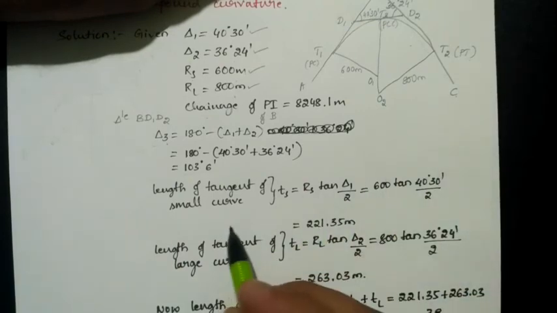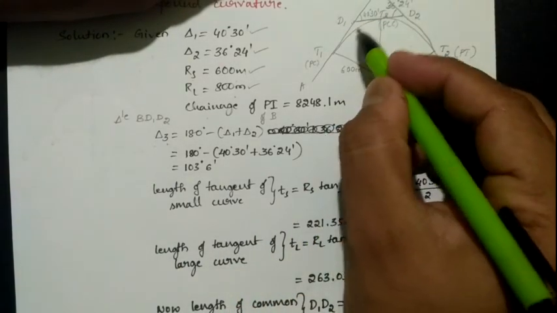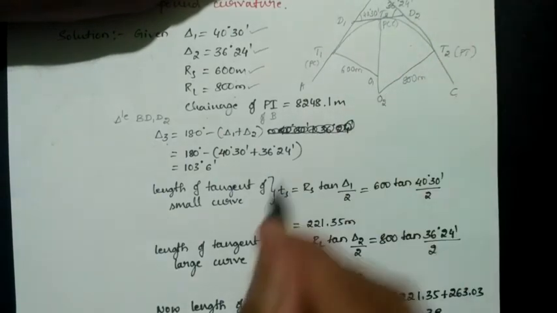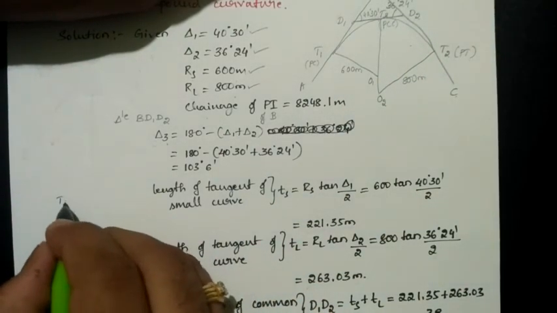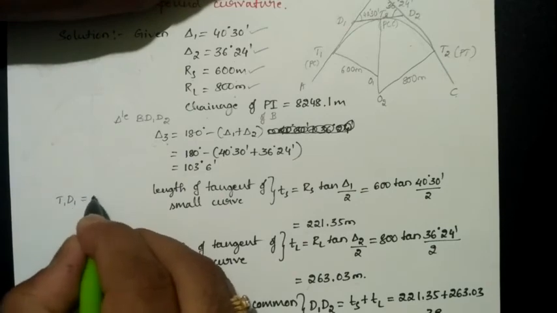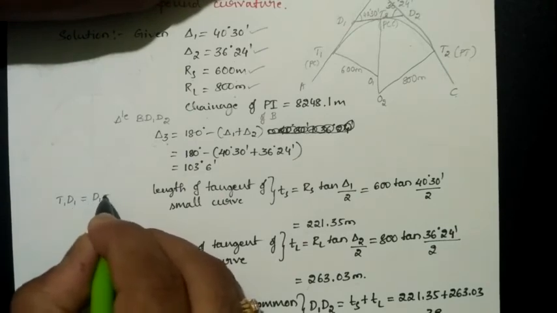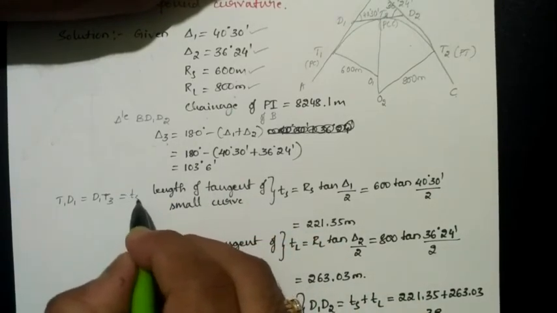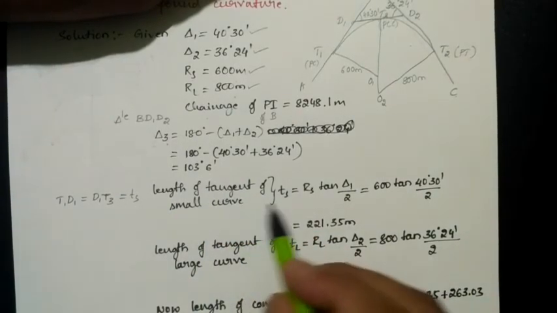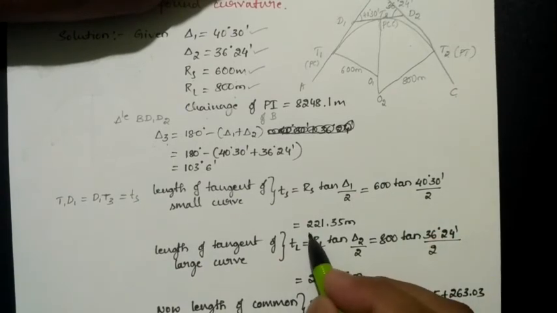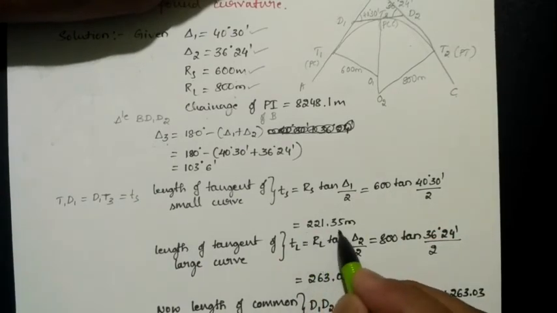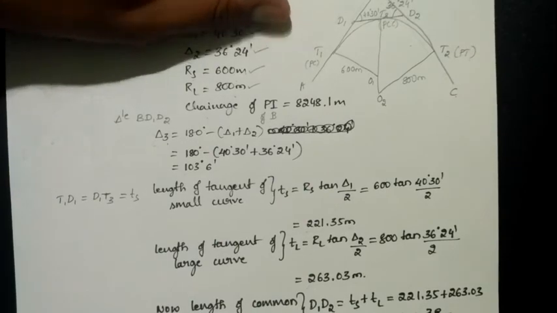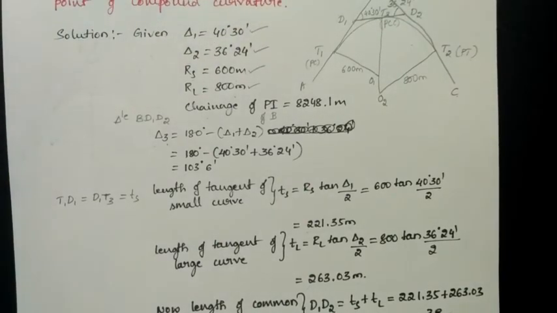So we are going to calculate the tangent length, that is D1T3 or D1T1, like T1D1 is equal to D1T3, which is taken as the small ts. This small ts is calculated and it comes around 221.35 meter.